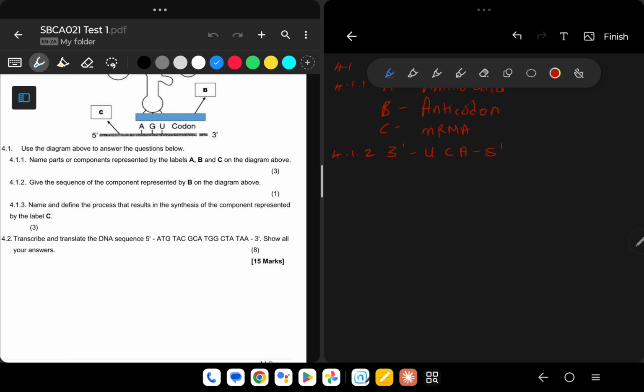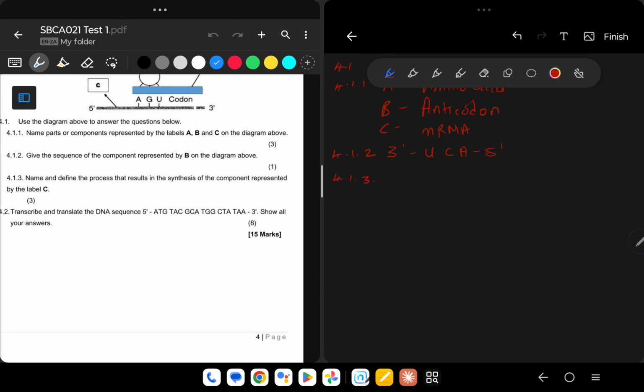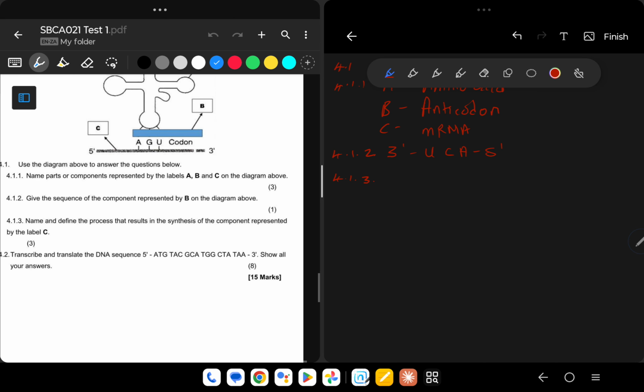So let's look at 4.1.3. It says name and define the process that results in the synthesis of the component represented by label C. So how is mRNA formed? It is formed through transcription. Now, they say name and define the process. So how do we define it?